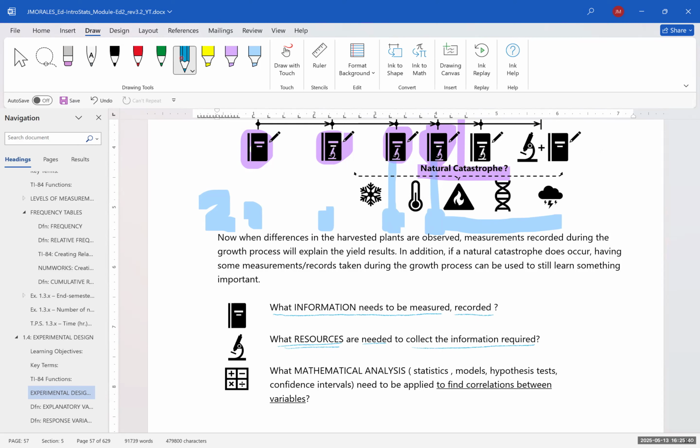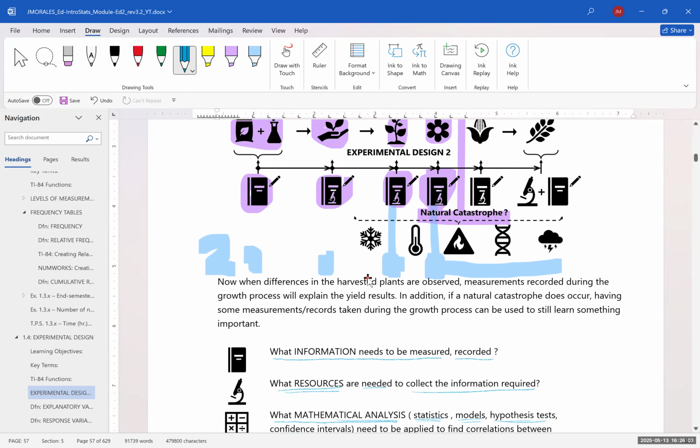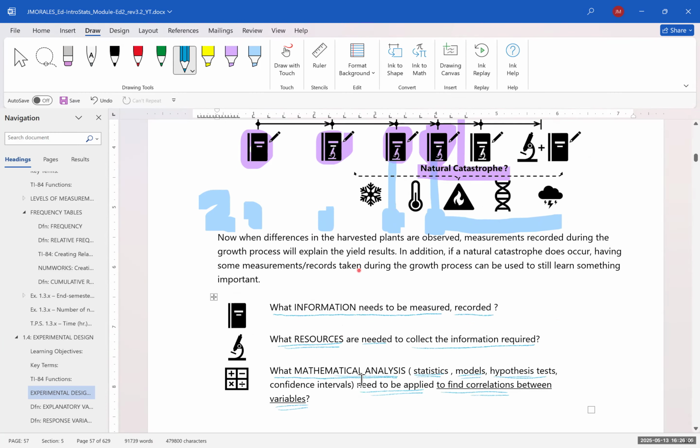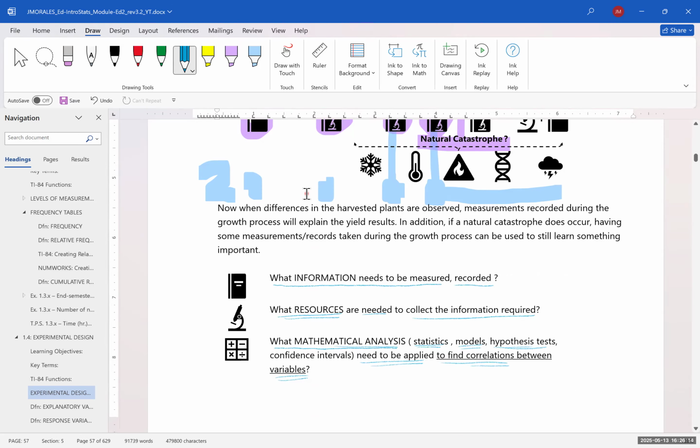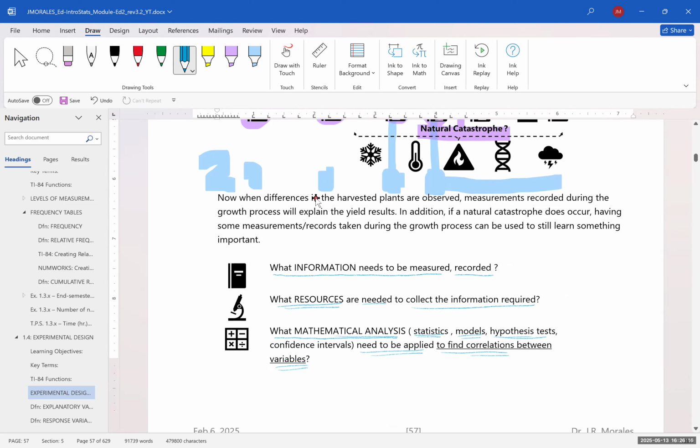Microscopes, microscope slides, everything. And then what mathematical analyses, what statistics do you need? What models do you need? Hypothesis tests and so on. What things do you need to apply in order to find the correct correlations between the variables? Okay. So a lot of thought has to go into conducting an experiment before you actually conduct it, to try and prevent loss of time, energy, resources and money.